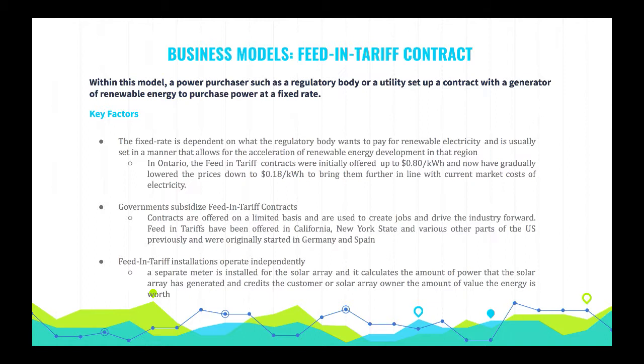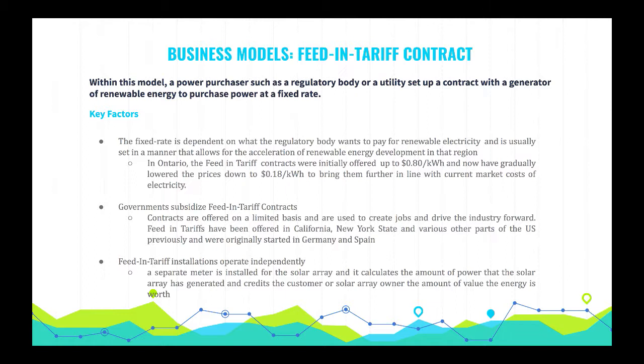What does that mean? Well, a regulatory body within your region says, hey, we'd like to promote solar within our province or our state. To do that, we're willing to pay anybody who generates renewable energy within this region at a specific rate for pumping that electricity into the grid.